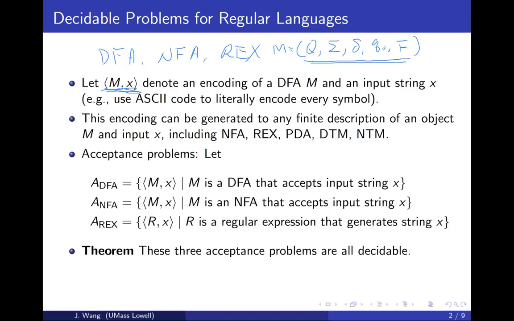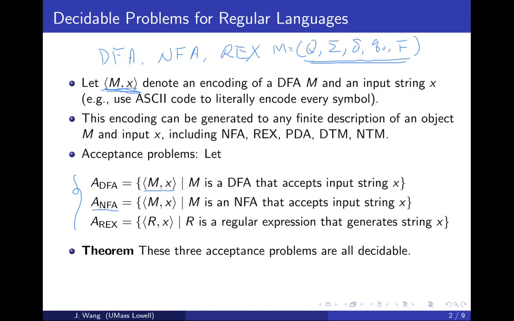So now we can define three languages regarding regular languages. One is A sub DFA, which is the set of inputs ⟨M, x⟩, where M is a DFA that accepts input x. Likewise, A sub NFA, where A represents acceptance, is the set of ⟨M, x⟩ where M is an NFA that accepts input x.